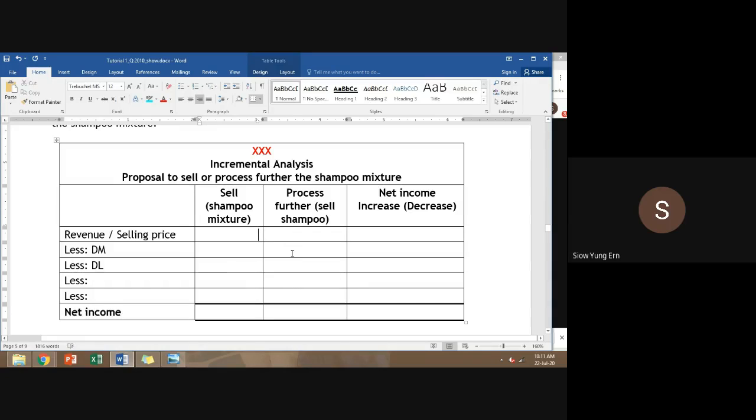Okay, let's go for the first one. Revenue. Kun Pak, what do you get? Revenue. If you are going to sell shampoo mixture, what is your selling price? Selling price for shampoo mixture. Kun Pak.